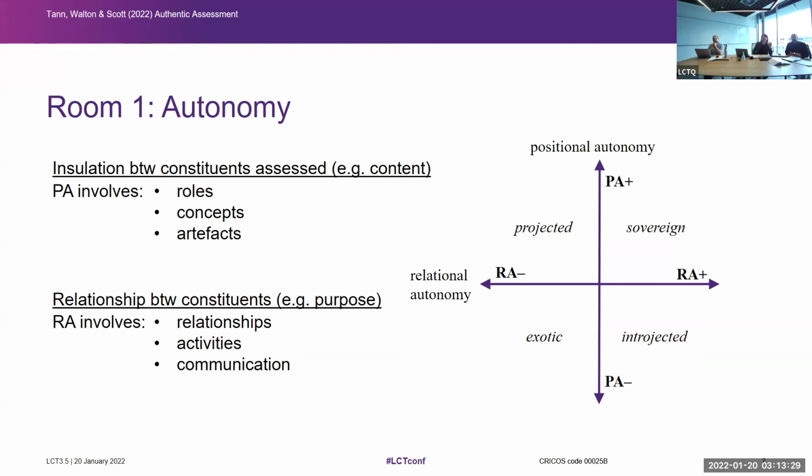First of all, we acknowledge that when you are doing an autonomy analysis, there is any number of possible targets that you could designate to the analysis, and depending on the target that you select, you're going to get very different results. But here, again, in the spirit of LCT 3.5, we want to be problem-oriented, right?